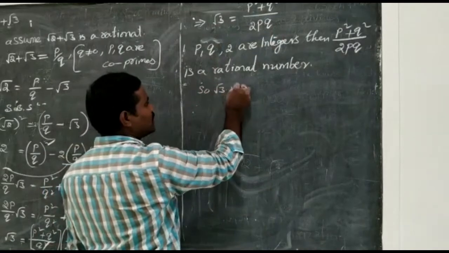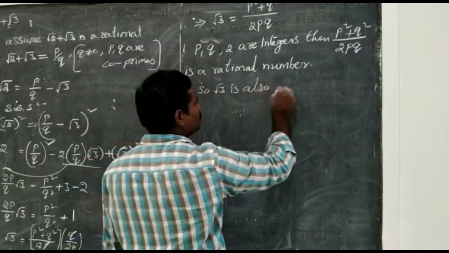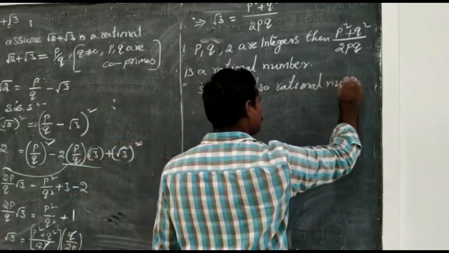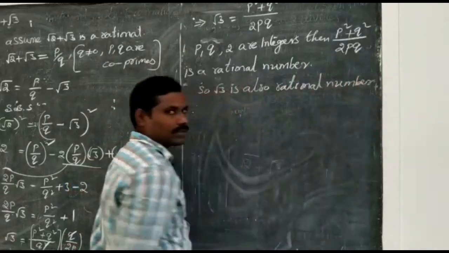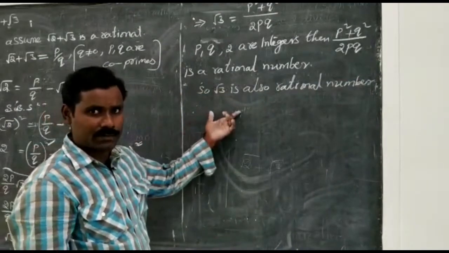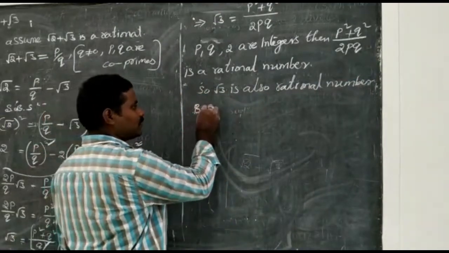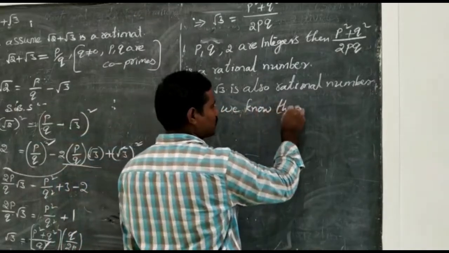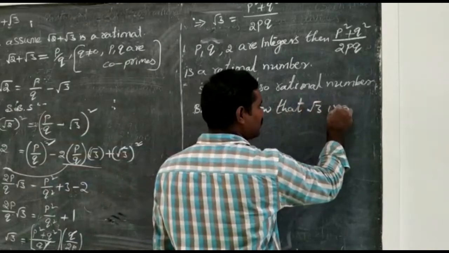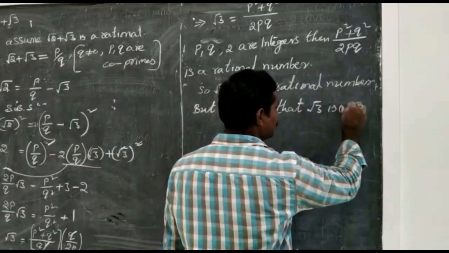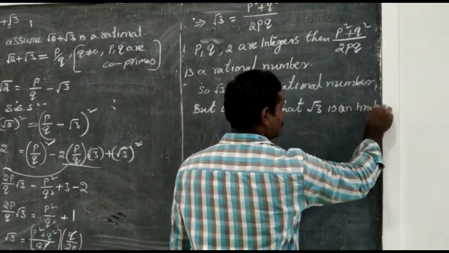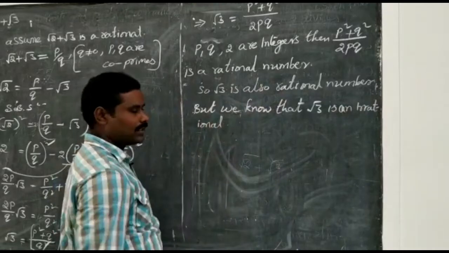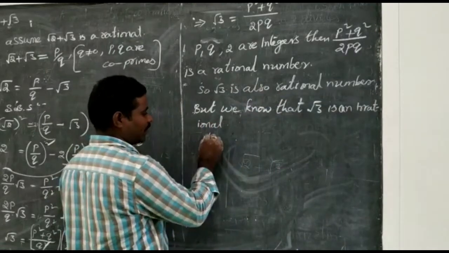So root 3 is also a rational number. Is root 3 a rational number? Yes, but what do we know? Root 3 is irrational. Therefore, it contradicts the fact.